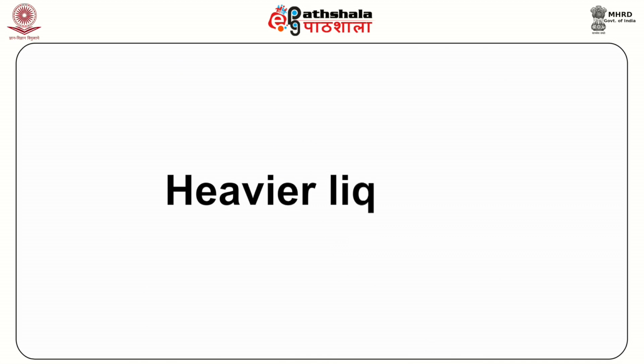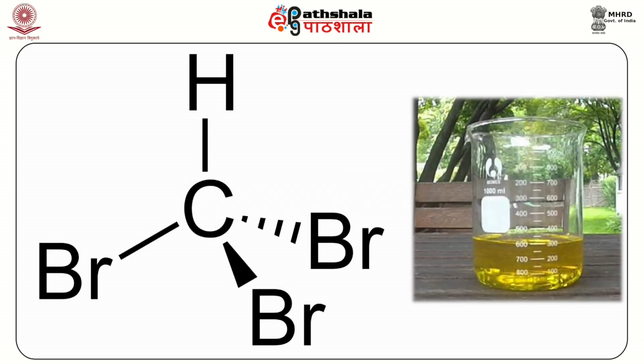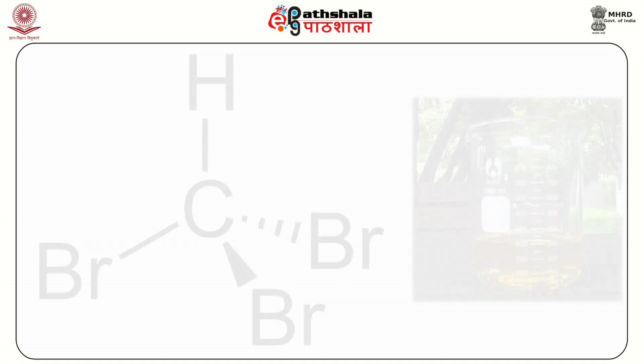Heavier liquids. Bromoform, chemical symbol CHBr3. It is a brominated organic solvent and pale yellow liquid at room temperature. It has a high refractive index, very high density 2.89 gram per cc, and a sweet odor like chloroform.